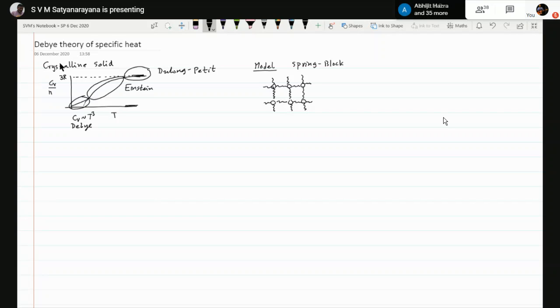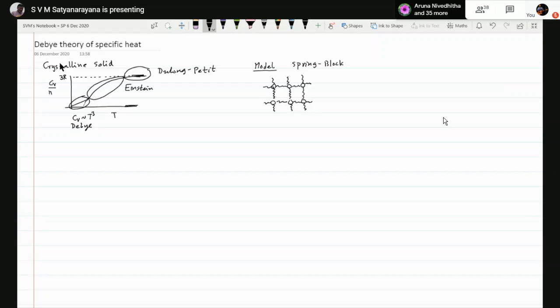Now, at very low temperature, there is not enough energy to excite individual atoms. For example, let's consider a one-dimensional lattice.